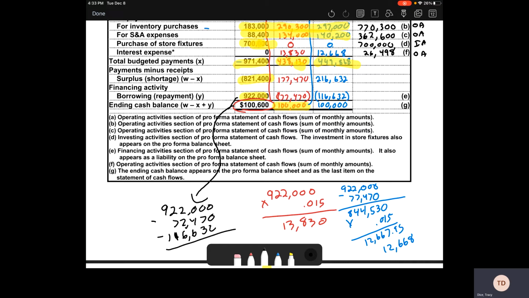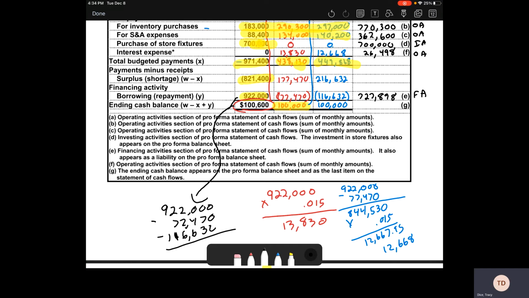And when we do all that, we end up with $727,898 left. And again, that is a financing activity.